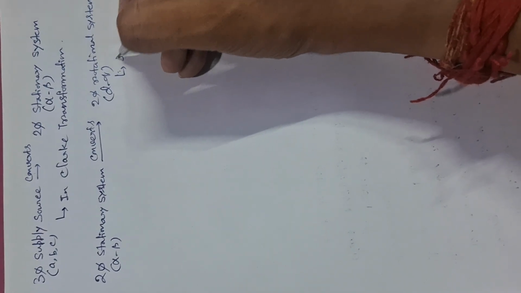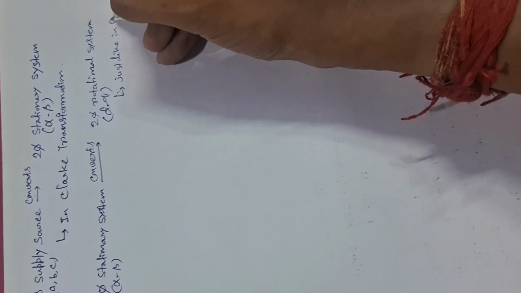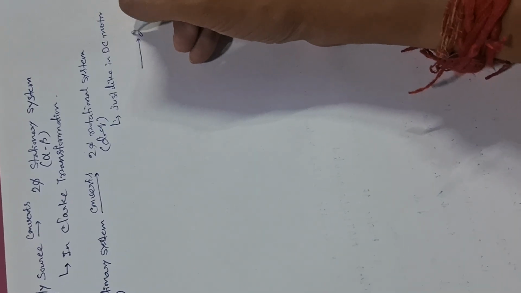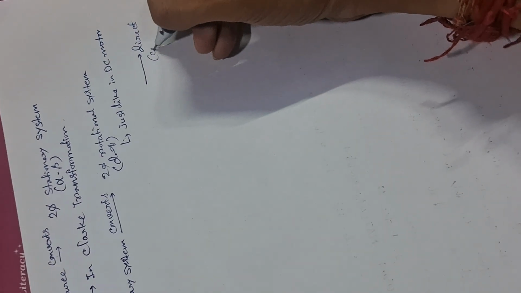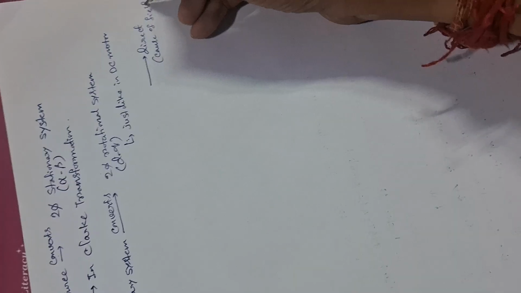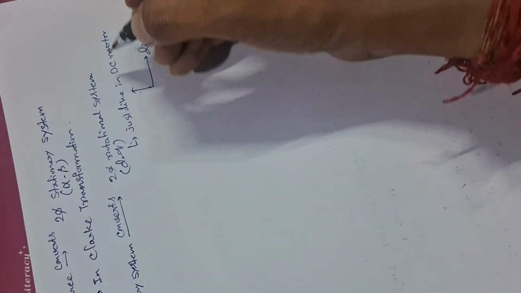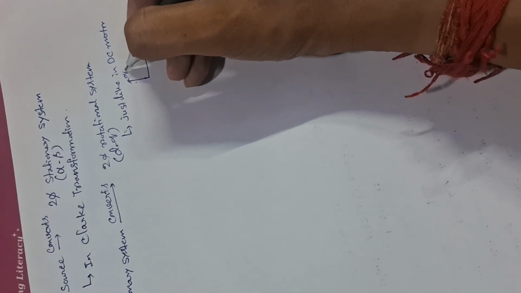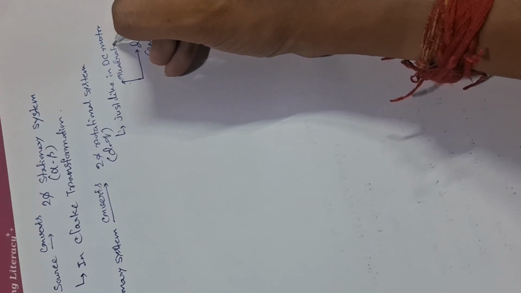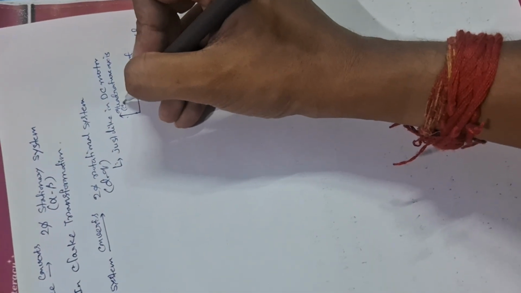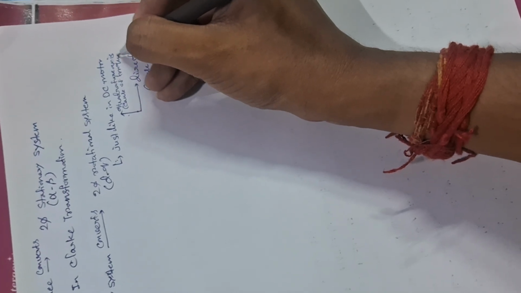Dq means, just like in a DC motor, where the d axis is the direct axis, which is the cause of the field flux, and perpendicular to this is the q axis, or quadrature axis, which is the cause of torque in the DC motor.